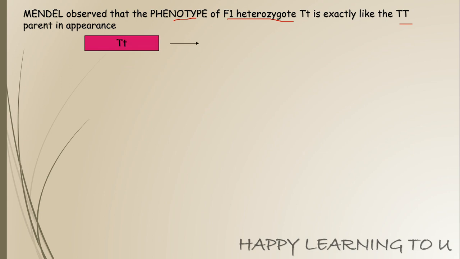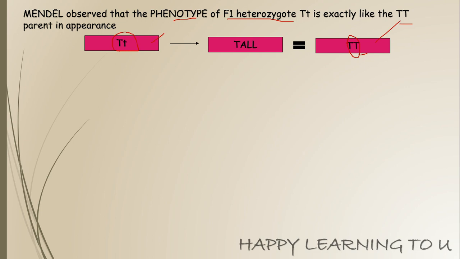So the Tt heterozygote was tall, which is equivalent to TT. So as per description, if you consider, this heterozygote and this homozygote both were tall. So the phenotype was the same, but genotypically they were different.